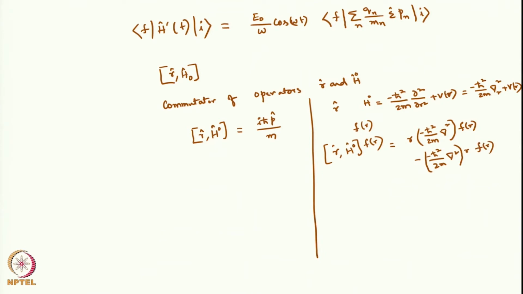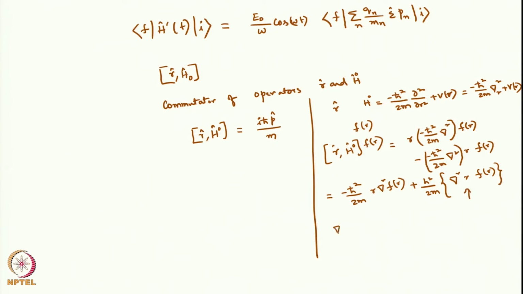Now, take the first term. That is going to be minus h bar squared by 2m, because it is constant, R times del squared f of R. Now, the second one is minus of this minus, so this will be plus h bar squared by 2m del squared R f of R. Now, I am just going to evaluate this.